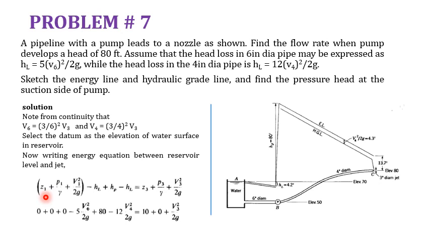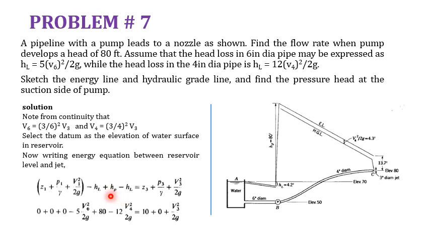So writing the energy equation at point A, the sum of all energy head: Z1 plus P1 over gamma plus V1 square over 2g. And there are two ways. Either we can add all the losses to the downstream section, or we can subtract the losses from the upstream section. So here they are subtracting it. So minus the head loss in the 6 inches pipe, this one head loss, plus HP, the energy which is imparted by the pump.